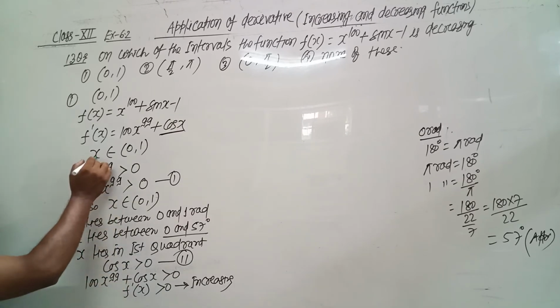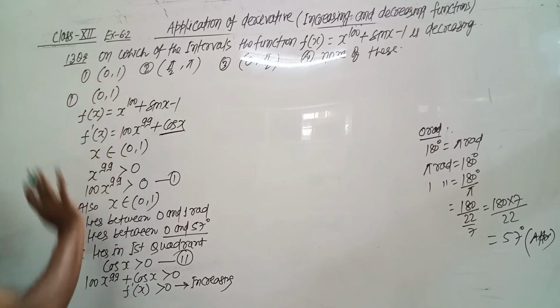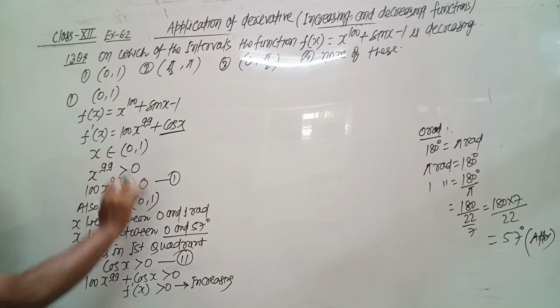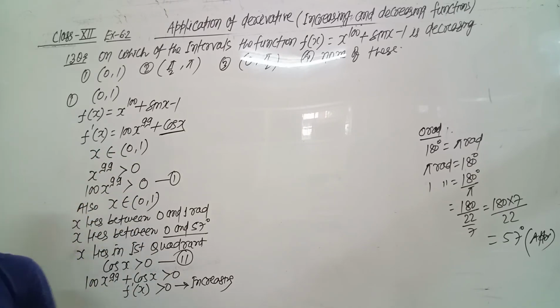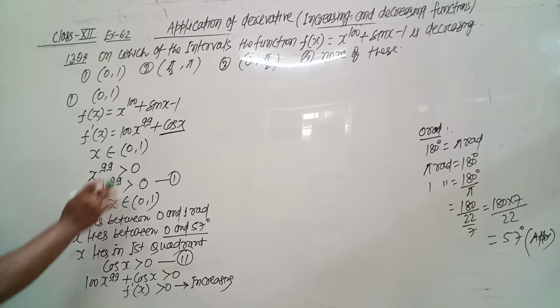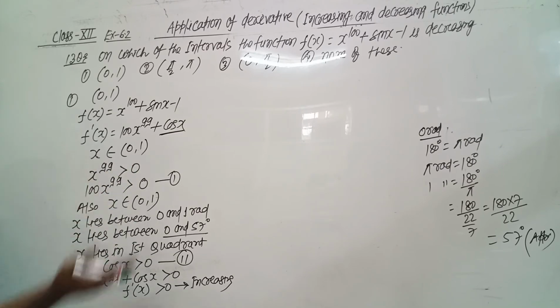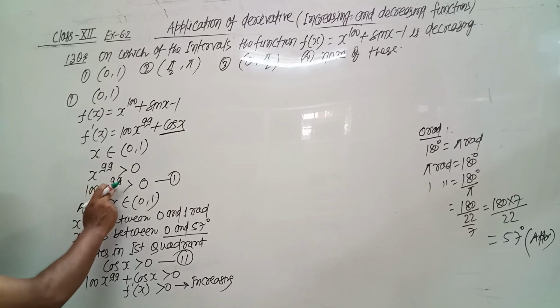Now we are given x belongs to 0 to 1, meaning the value of x lies between 0 to 1, and any value between 0 to 1 must be greater than 0. So x is greater than 0. It means x raised to the power 99 will also be greater than 0. Multiplied by 100 on both sides, 100 into x raised to the power 99 is also greater than 0.